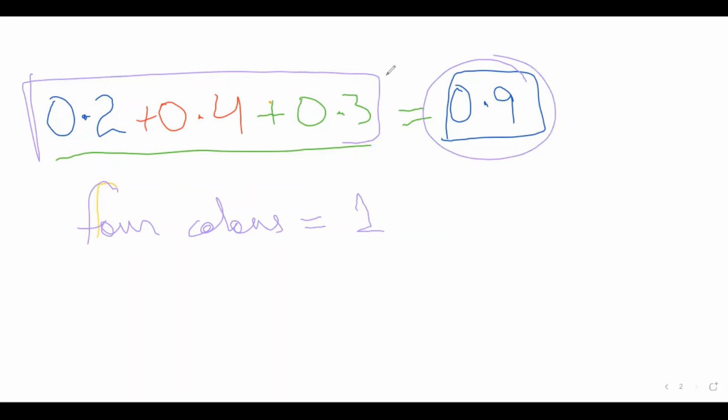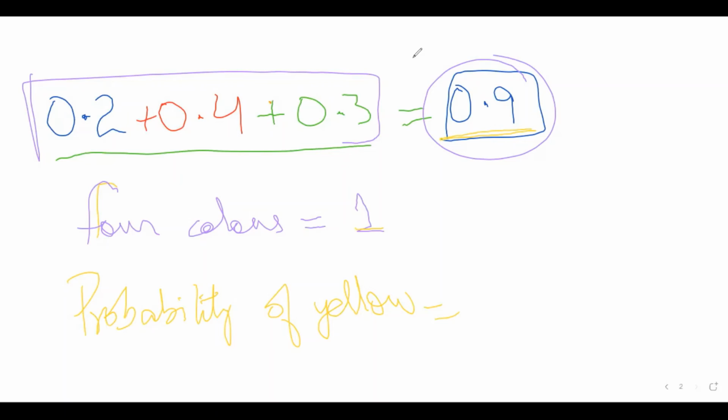So how would you find the probability of yellow? If the probability of all 4 is 1 and 3 of them is 0.9, what would be the probability of the yellow color?